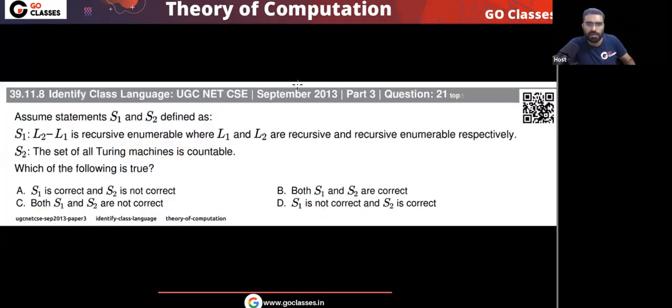Let's solve this question. This is a UGC NET Computer Science September 2013 question. Tell me the answer. First, tell me about the set of all Turing machines.